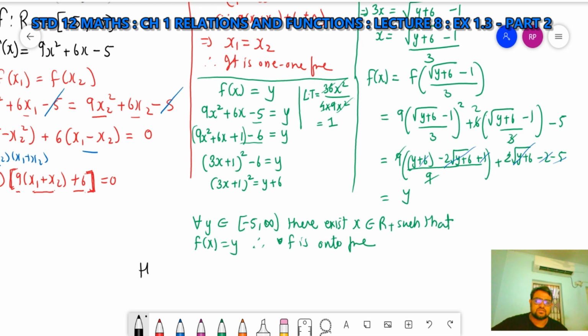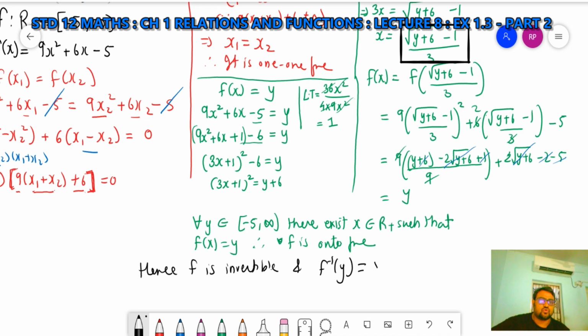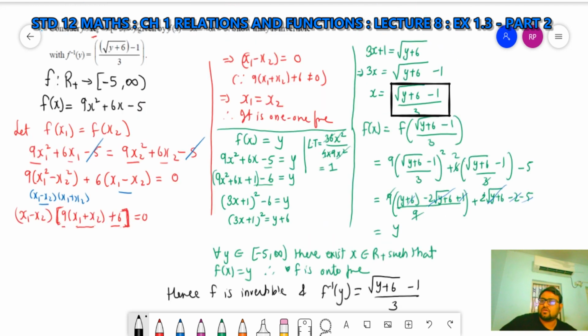Clear? Hence, f is invertible and f inverse of y will be equal to, I will take this value, say, (square root of (y + 6) − 1) upon 3. Clear? So this was about question number 9. Okay, now note down question number 9.